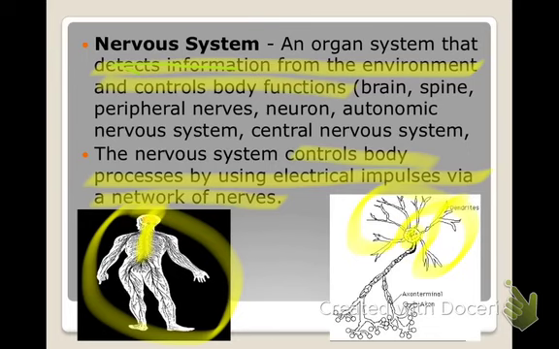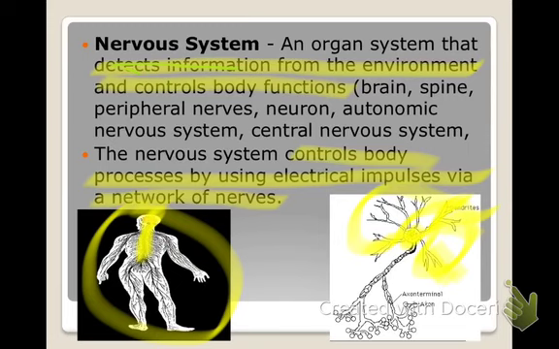So here's one single nerve cell, and your nerve cell kind of sends out these little feelers called dendrites that cover every single part of your body, and it's all connected, and it's through electrical impulses that your brain is able to detect the messages of hot versus cold, hard versus soft, all those different feelings, bumpy and smooth. That is what your nervous system does for you.